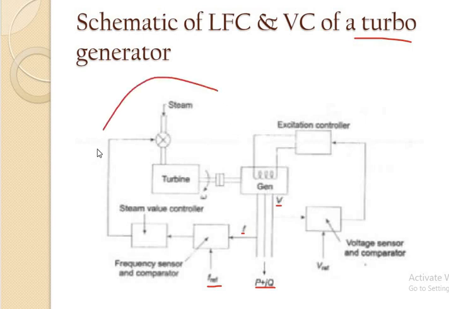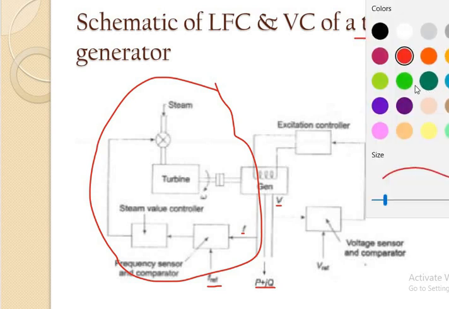And this entire part comes under load frequency control. Why are we controlling the frequency? Frequency is controlled in order to maintain the active power constant. By doing so we are controlling the active power. Am I clear? Okay, now let's move on to the next part.